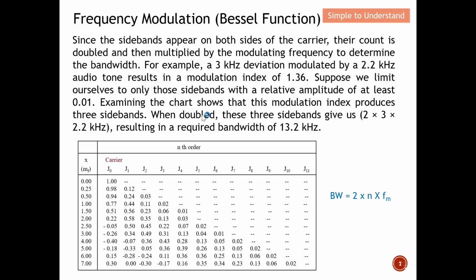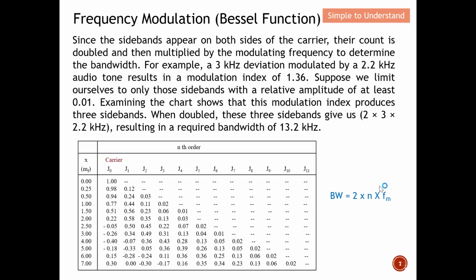When doubled, these 3 sidebands give us this equation. This is the double effect, this is the number of sets of significant frequencies, and this is the modulating frequency. So they give us a bandwidth of 13.2 kilohertz. Don't worry, later on I'll have another example to compute this. But over here, you can see that firstly, I need to know the significant side frequency that is important.